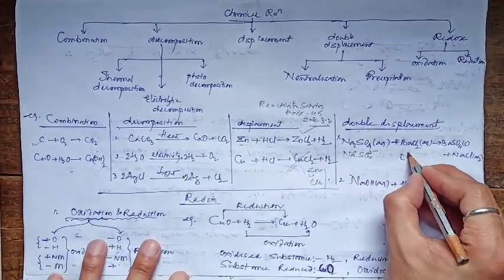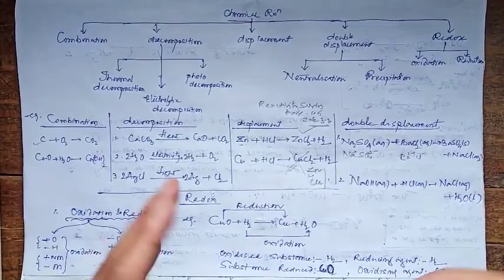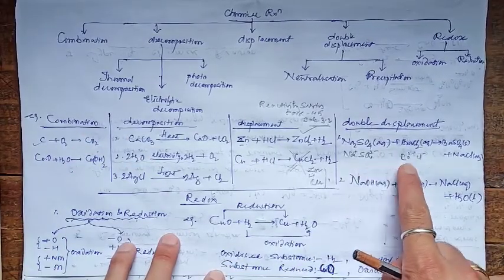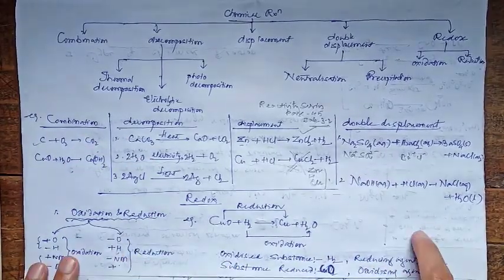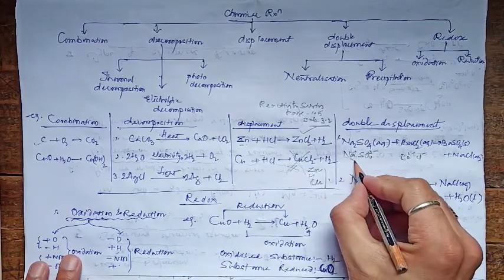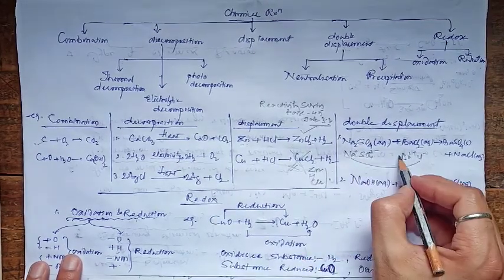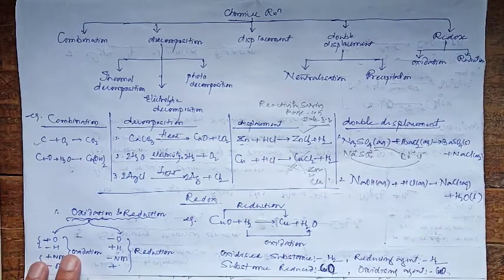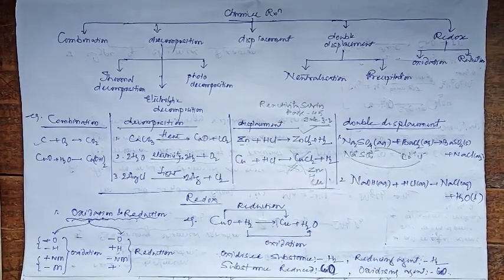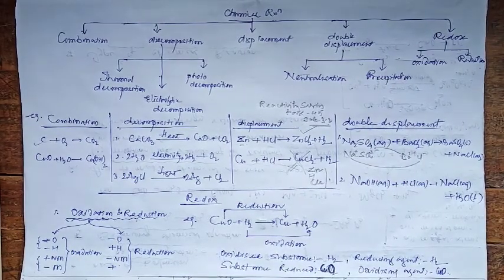We have a barium ion and a chloride ion. After the reaction, sodium ions and chloride ions go together, and barium ions and sulfate ions combine together. So there is an exchange of ions, and the product is formed.